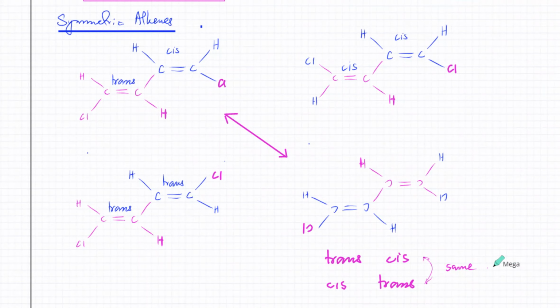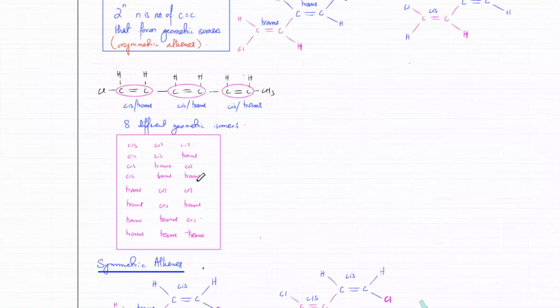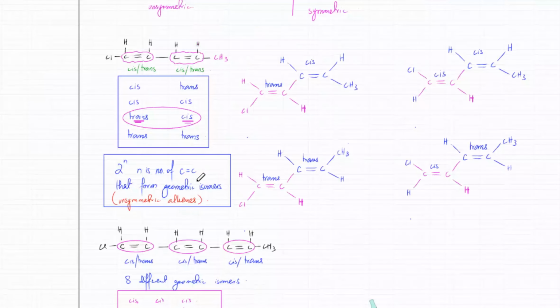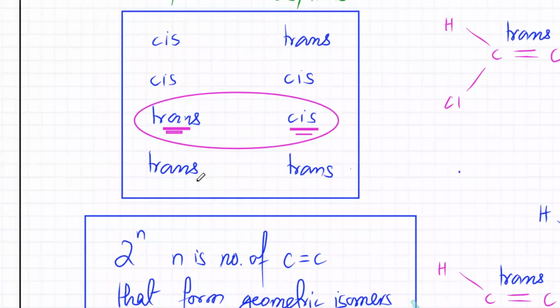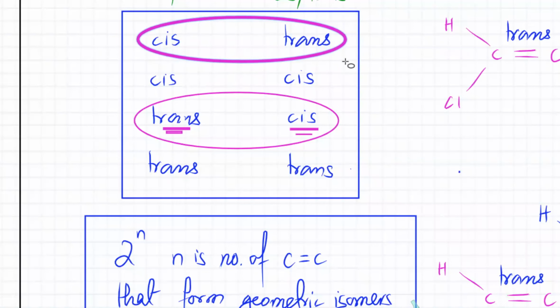So just remember that and this is the issue with symmetry, that you make all four, you make trans cis, you make cis trans, cis cis, you make trans trans, but these two would be kind of the same. These ones, the ones that you flip around and they look exactly the same, they would be the same. So focus on these arrangements. These two are exactly the same. You flip the molecule around, it still looks exactly the same.